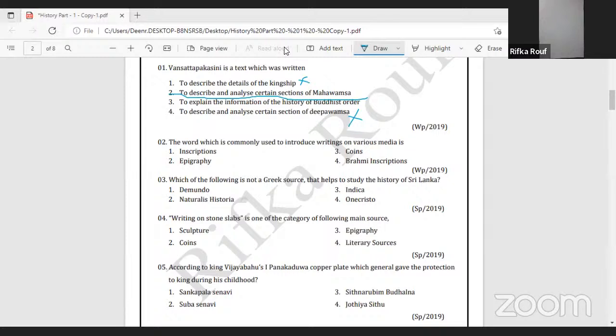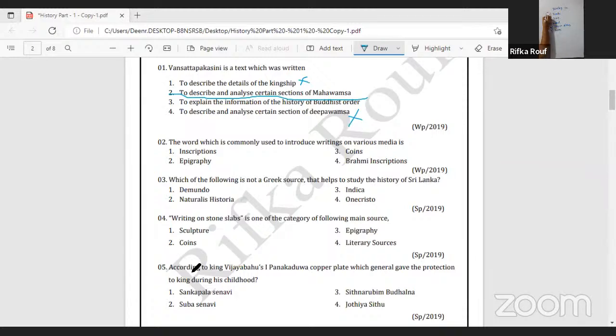Now we know writing on various urns, writing on walls, writing on wood, writing on stone slabs, writing on rocks.